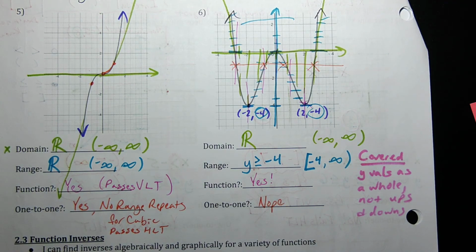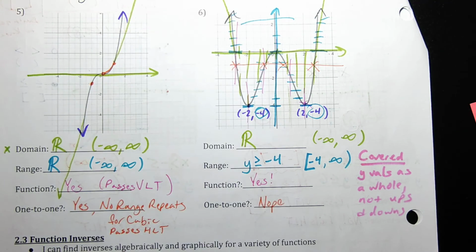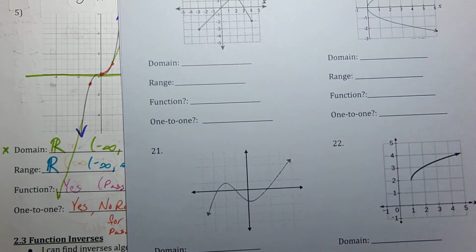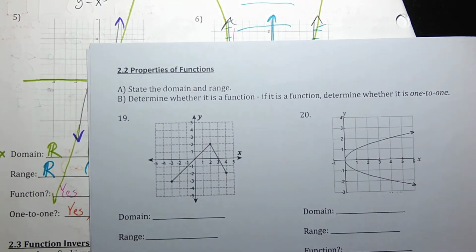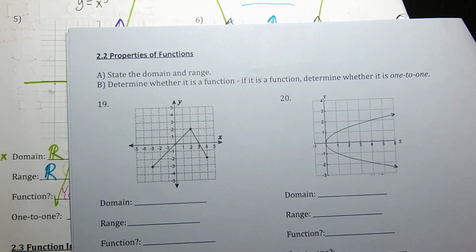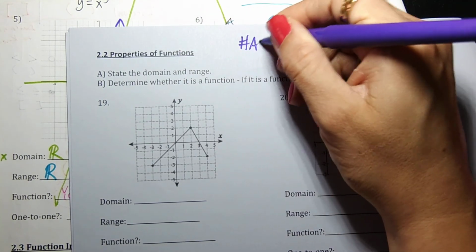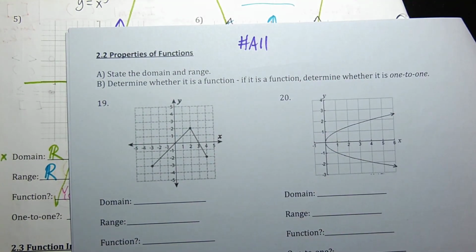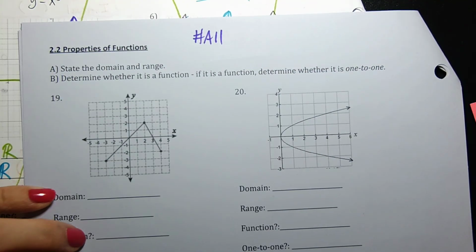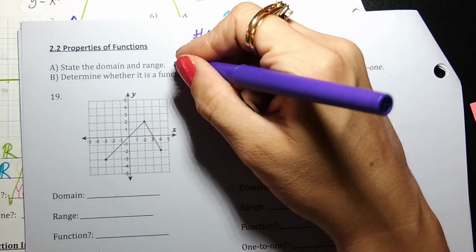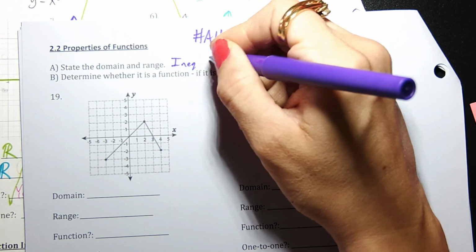All right, folks. So what I would like you to do is in your homework packet, you should be able to do all of the problems on page 4. Remember, you can state the domain and range either using inequality notation or interval notation.